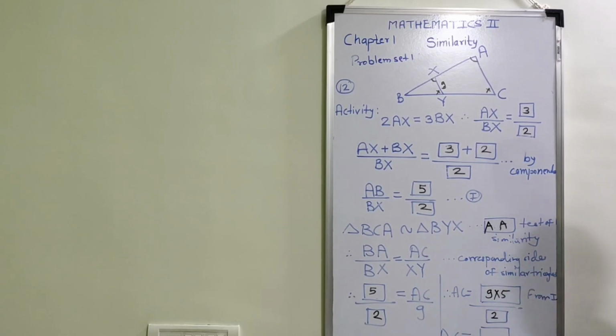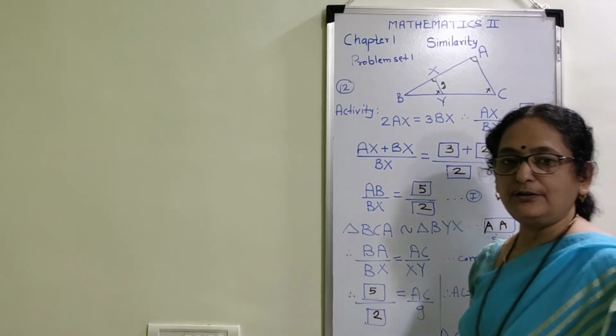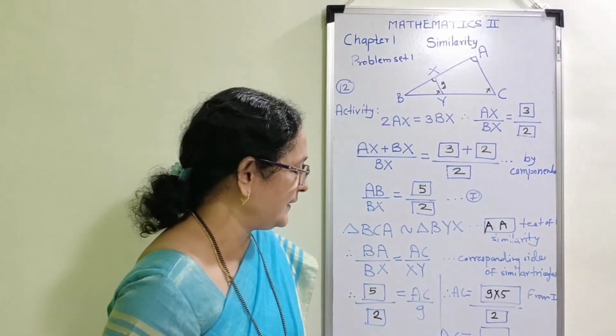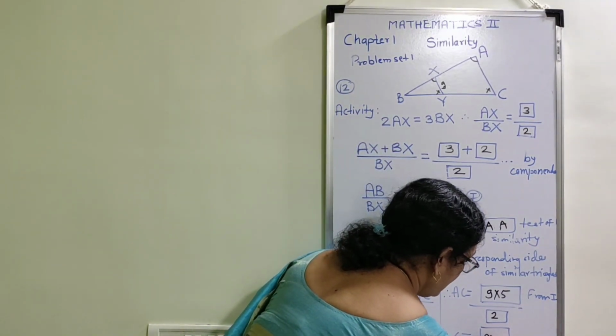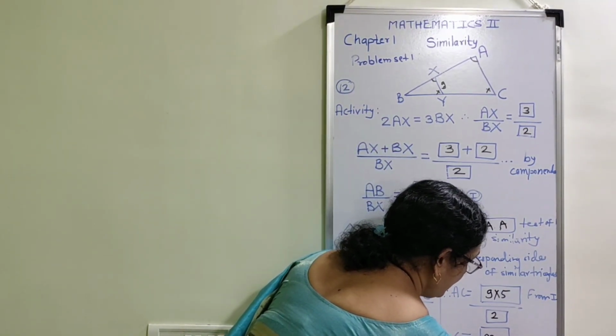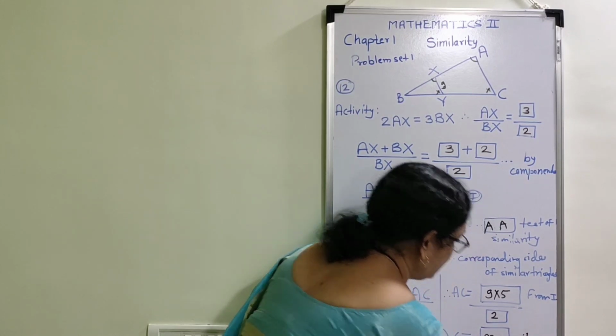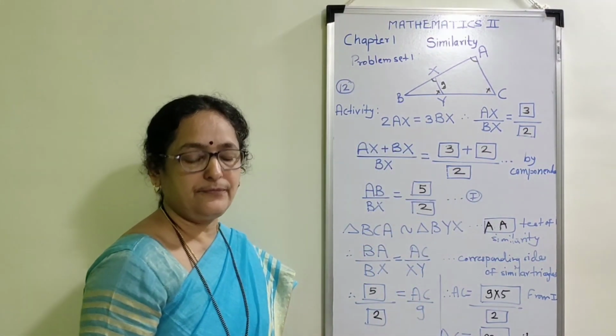Again transpose 2 to the other side. You will get 9 fives are 45. Half of 45 is equal to 22.5. Or write one extra step, or directly write down your answer, that the final answer is 22.5.